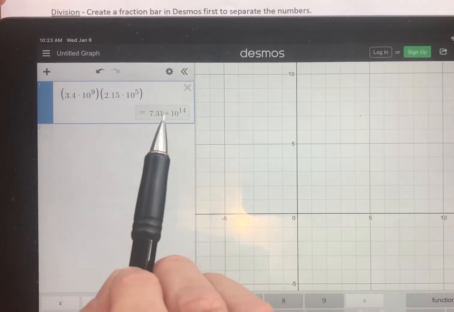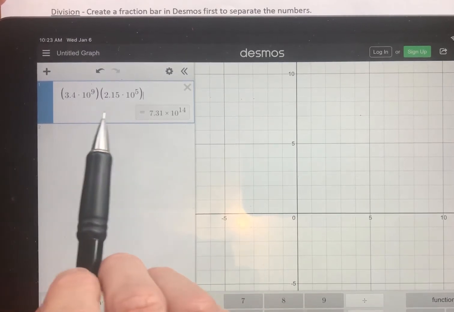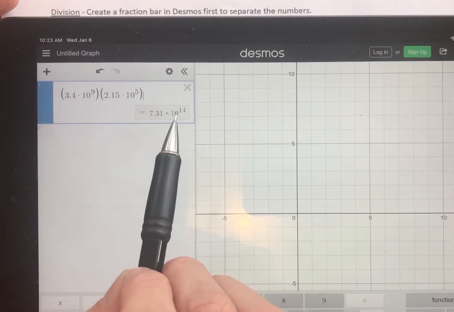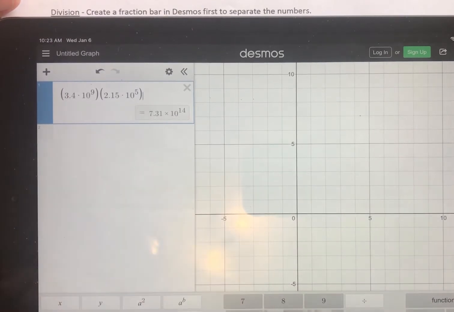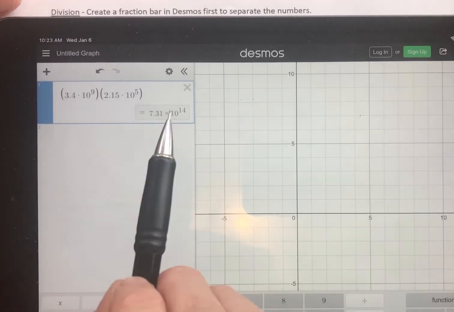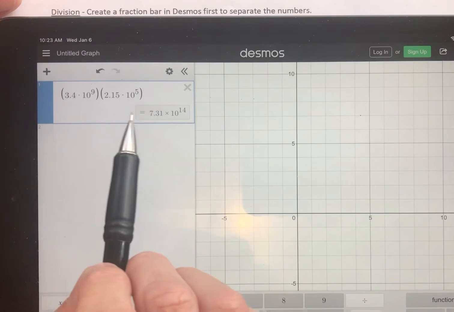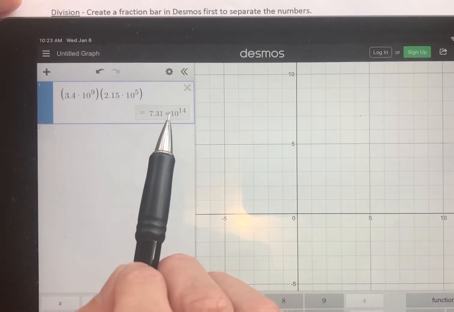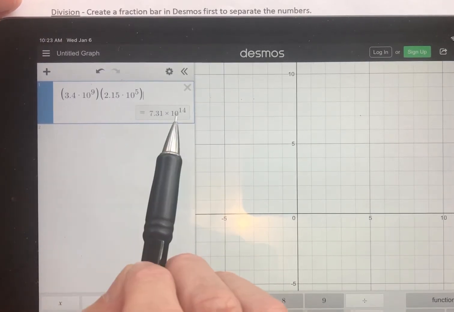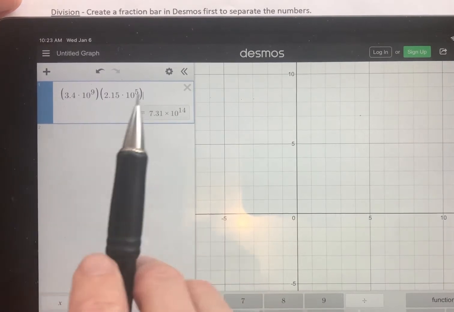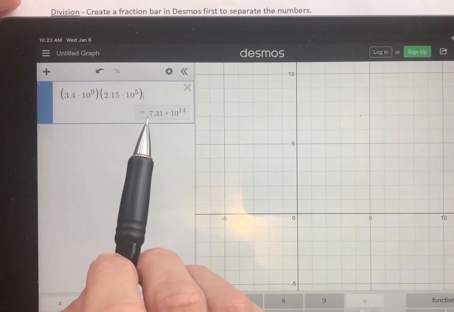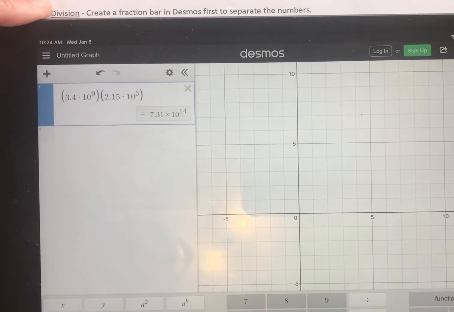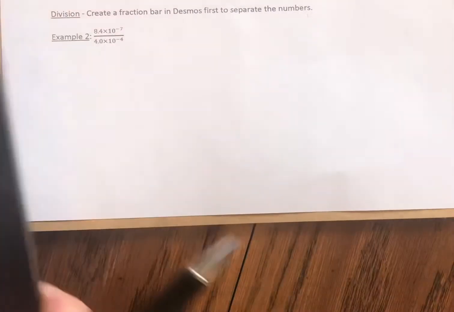Now this number is so large that Desmos is not giving it to us in standard notation or decimal notation. It's only giving it to us in scientific notation. If Desmos can write the number down in standard notation, it will do that. It just depends on the size of the number. So our answer here is clearly 7.31 times 10 to the 14th.